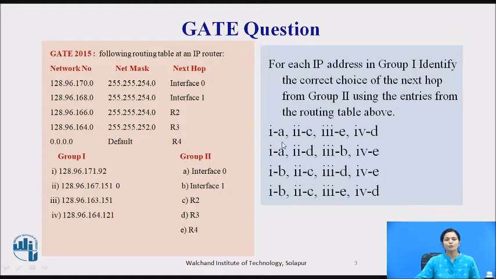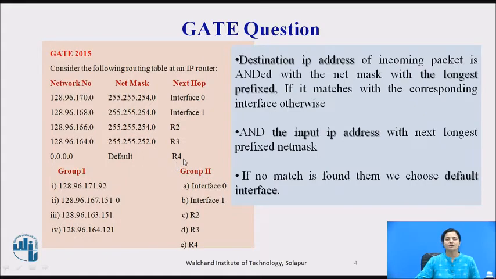So here some combinations are given. Before going to match the combination, we will see how it works. Now in this case, we are having these destination IP addresses, the IP addresses of the incoming packet, and what we have to do to find out whether we are eligible in the particular network or not, we convert it into a binary number.